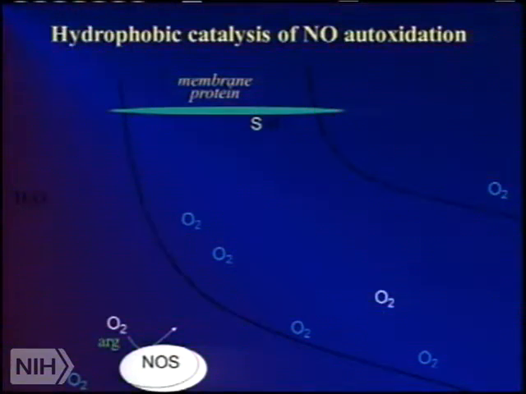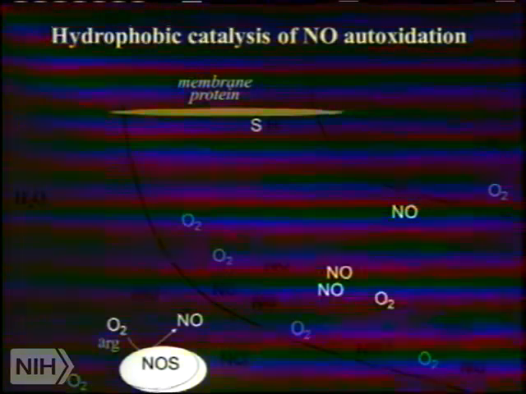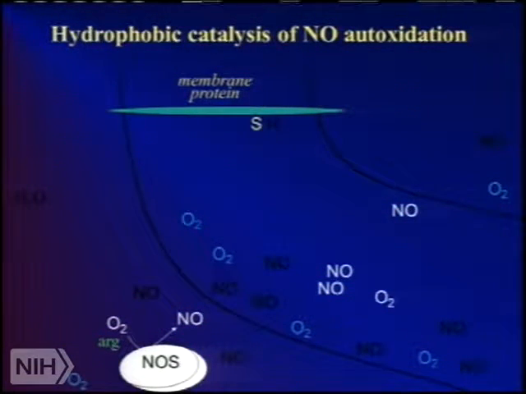And so here we see in a cell, we have nitric oxide being produced by nitric oxide synthase. So we have nitric oxide forming from NOS. Arginine is the substrate as well as O2.